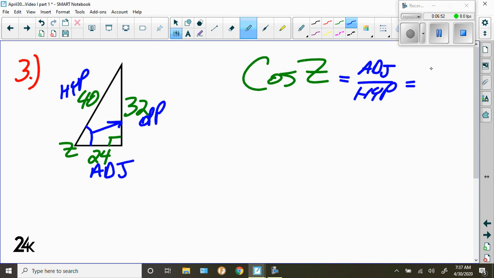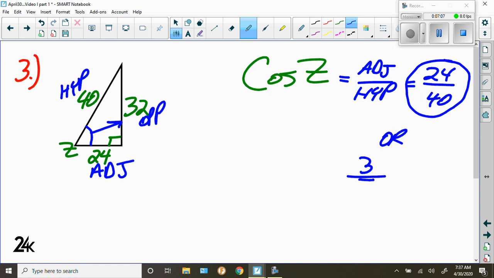The adjacent's 24. The hypotenuse is 40. That answer would be great. Or if you wanted to divide by 8, you would get 3/5. I don't care which one you write down for your answer.